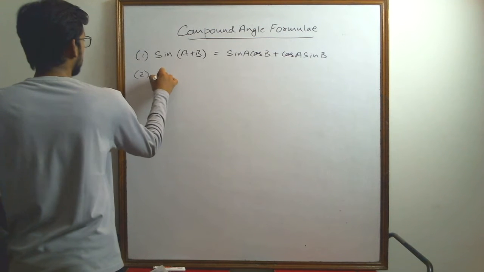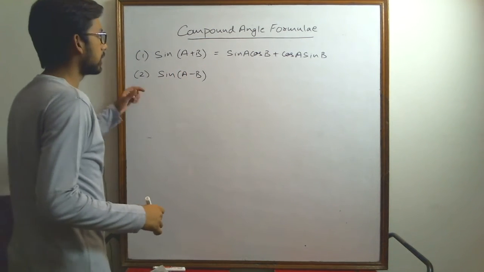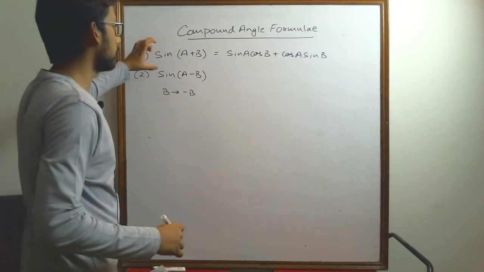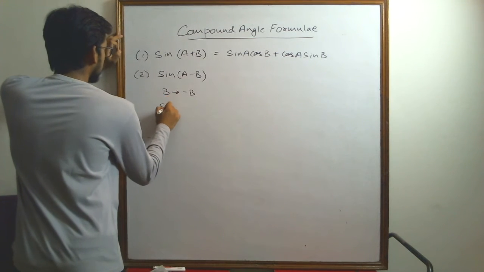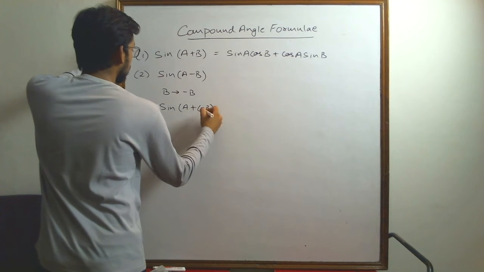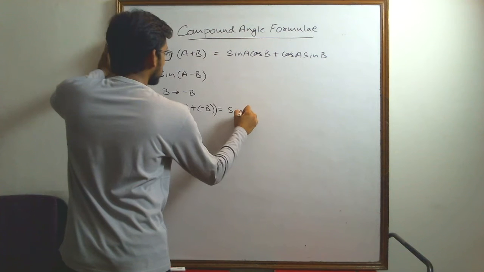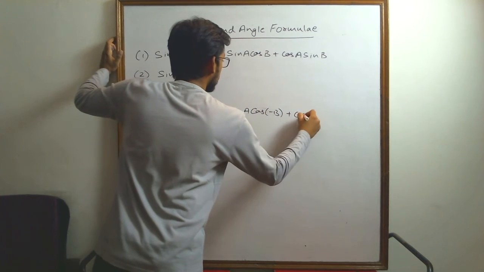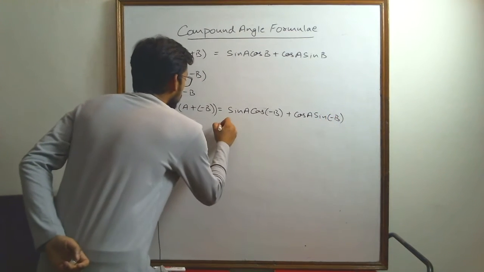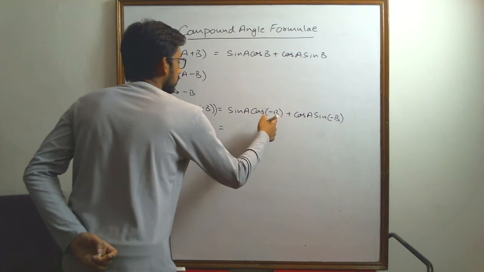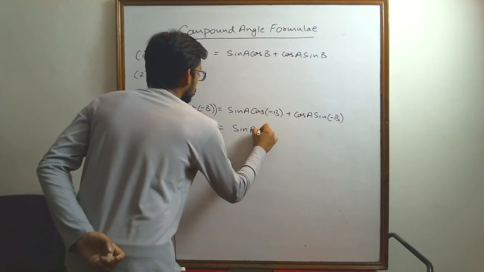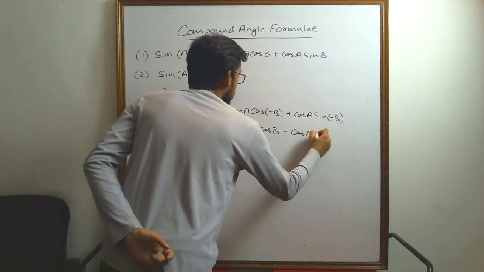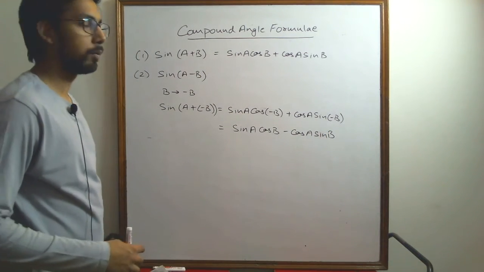So to find the formula for sine A minus B, what we do is, in this formula we will replace B by minus B. Since it is an identity, we can replace B by minus B. That would mean that sine of A plus minus B is equal to sine A into cos of minus B plus cos A into sine of minus B, which is, now cos of a negative angle is same as cos of the angle, so sine A into cos B. Sine minus B will be equal to minus sine B, so we put the minus sign here and we get minus cos A into sine B. So this gives us the formula for sine A minus B. Let's write it here.